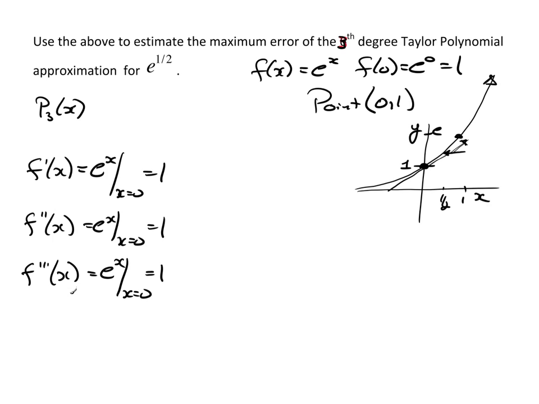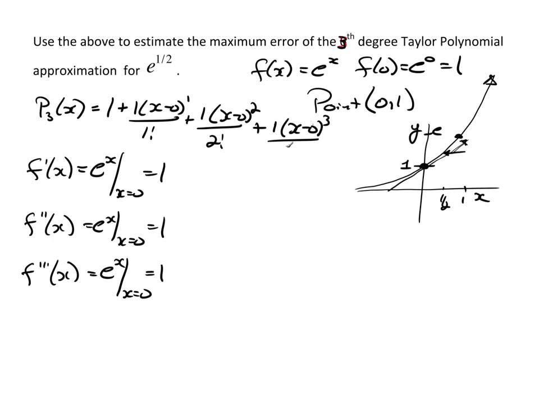So I know this 3rd degree polynomial is going to look like the known point, which is 1, plus a slope, which is 1, times x minus 0 to the first over 1 factorial, plus 1 times x minus 0 squared over 2 factorial, plus 1 times x minus 0 cubed over 3 factorial.